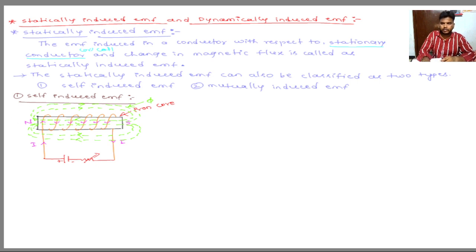Here, I'm writing it point-wise. First, because of this variable resistor and this current, there is a flux in this iron core.